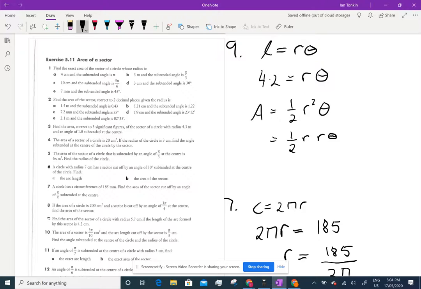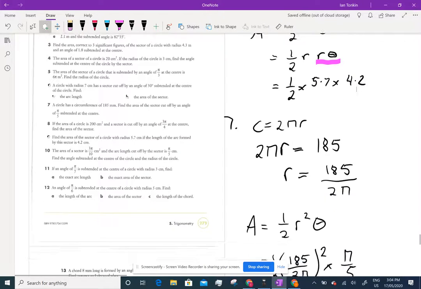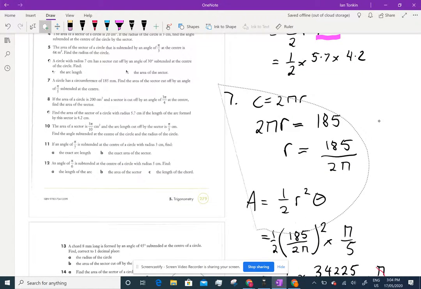We know what r theta is. It's 4.2. So all I have to do is go a half times the radius. Well, what is the radius? 5.7. And r theta, they've already told us what r theta is, 4.2. And this is a really cool way to do this problem.